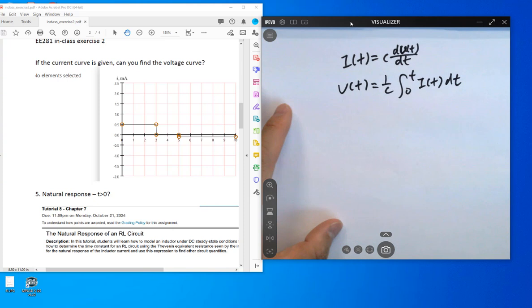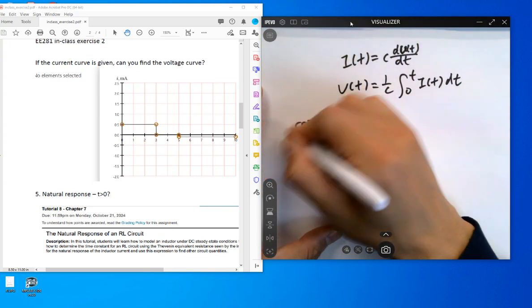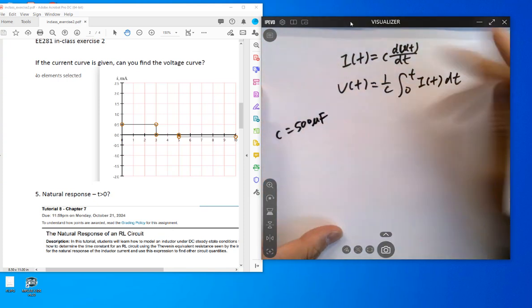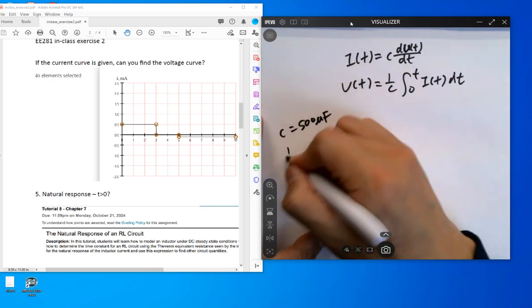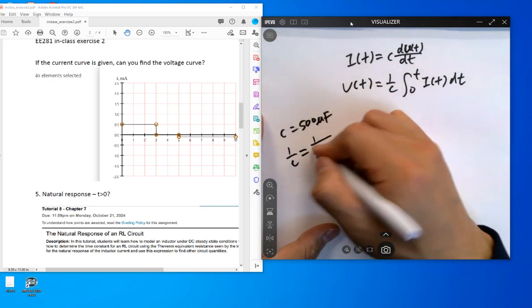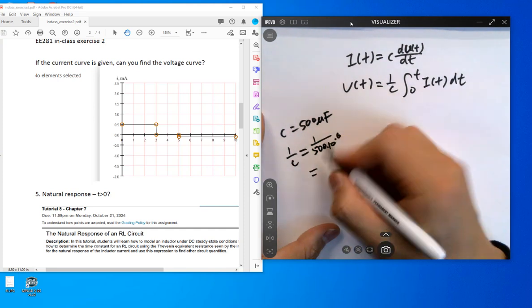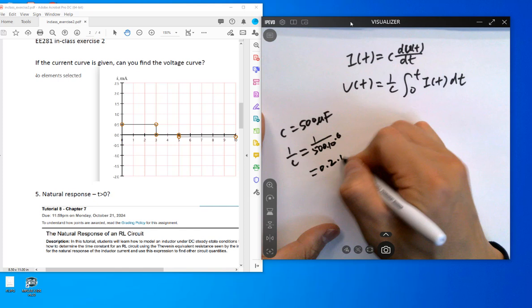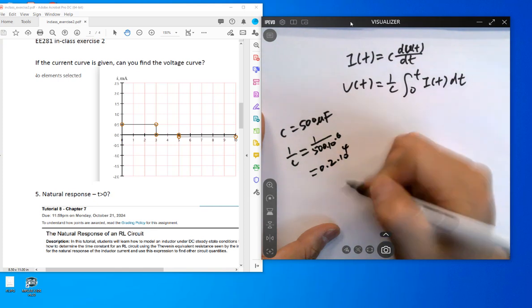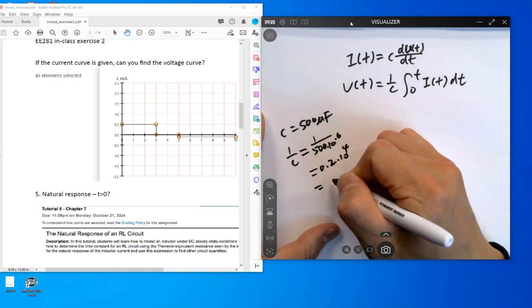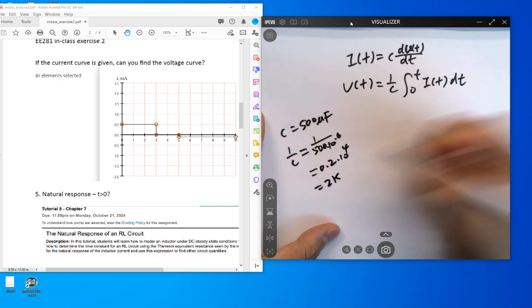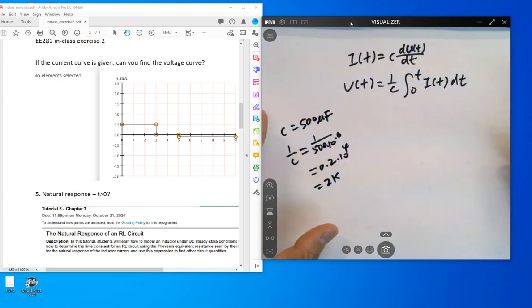What is C? 500 microfarads. So 1 over C is what? Which is 2K.